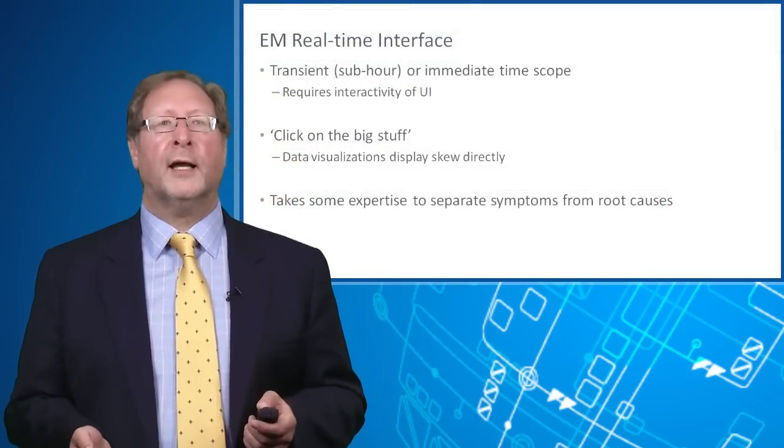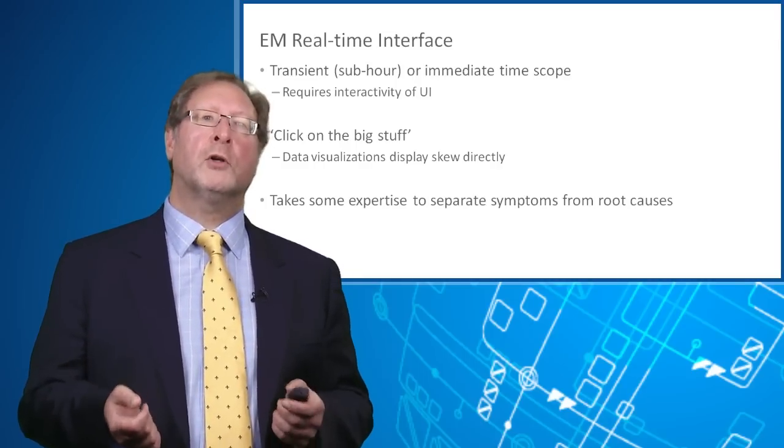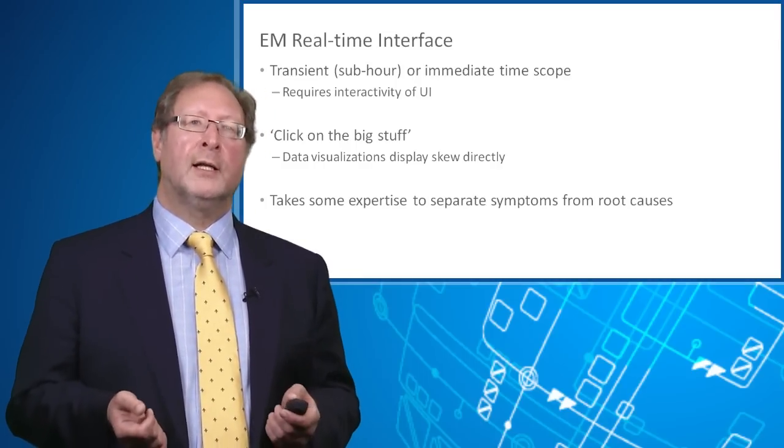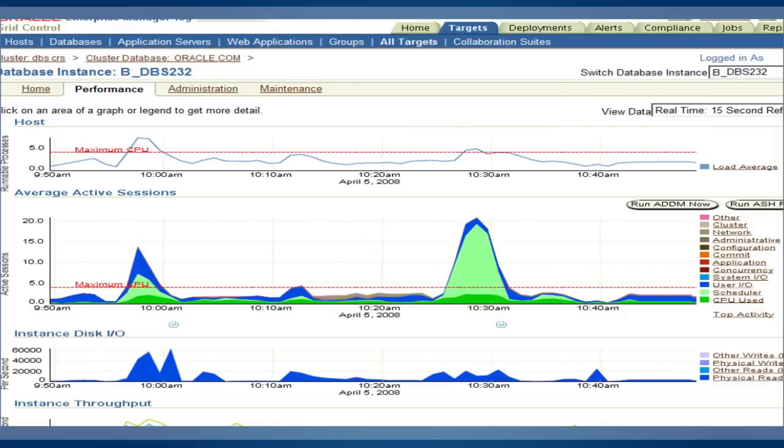If you're looking at shorter periods of time, looking at transient problems, then we've seen some screens previously from the real-time interface of Enterprise Manager. And so the technique here is to click on the big stuff, right? Here we have a large blip of green, and in fact it's the light green, which means we were hitting scheduler limits.